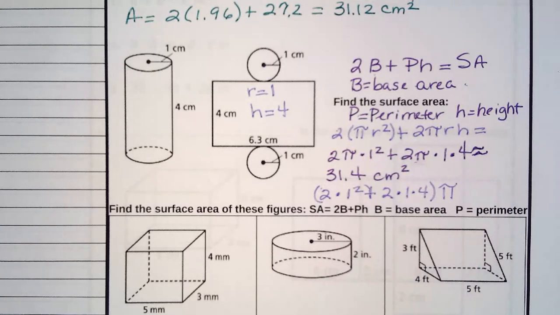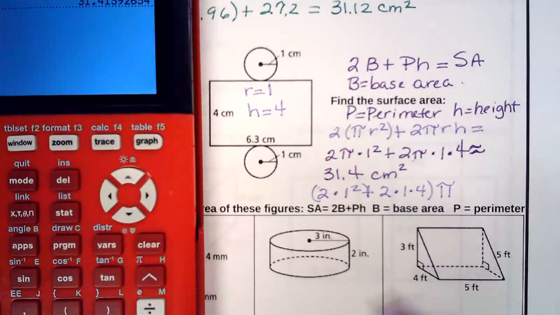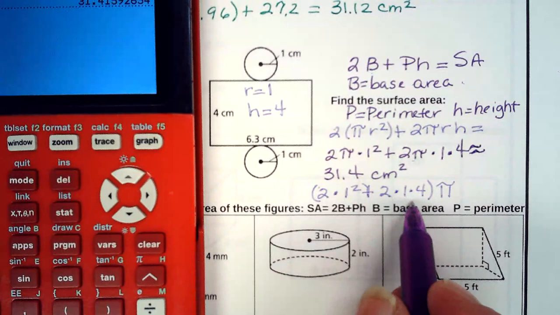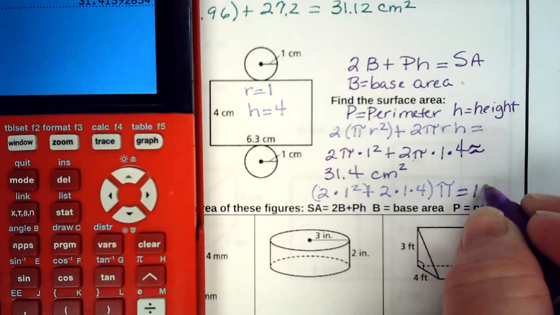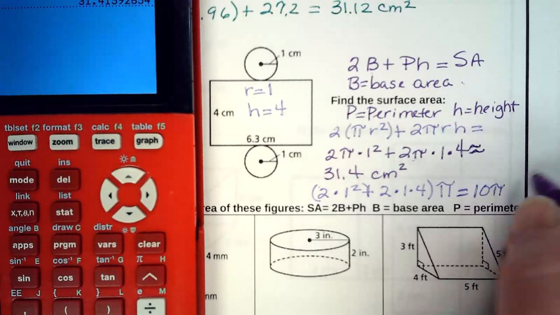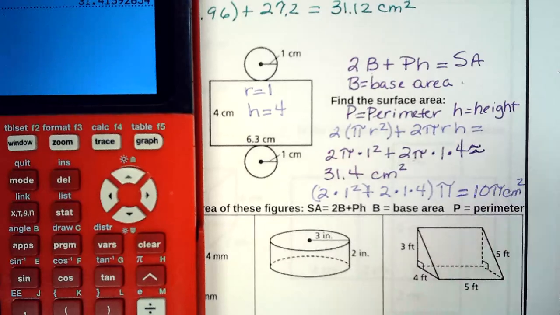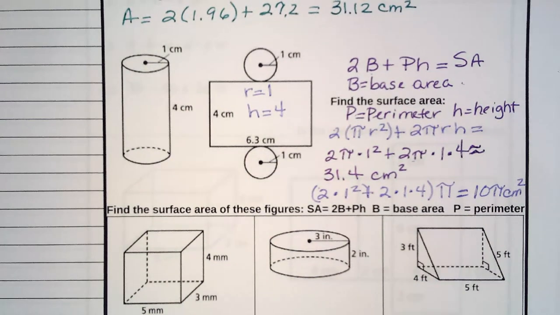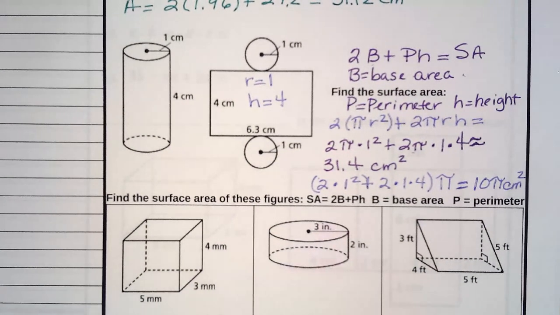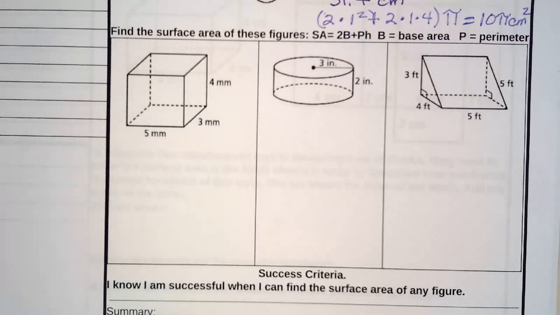You're using the distributive property in reverse. We're pulling that pi out. So this would be 2 plus 8, which would be 10. So it would be 10 pi centimeters squared. And that would be the exact value of your surface area.